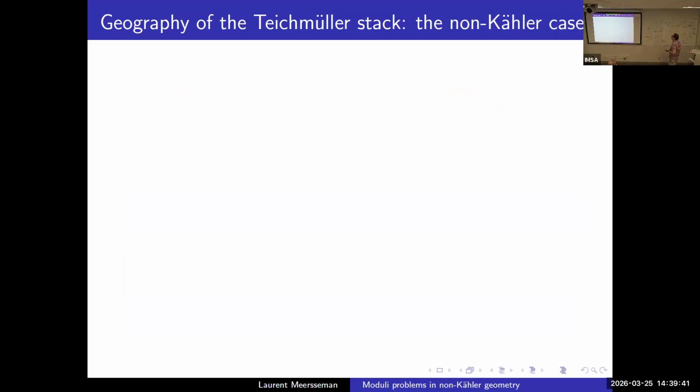Okay, let's deal with the non-Kähler case. Of course, jumping points, it's exactly the same. It's in any case a substack. But what about exceptional points? Well, that's the most annoying part of the talk.